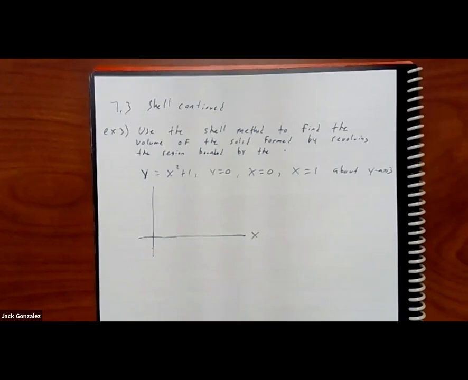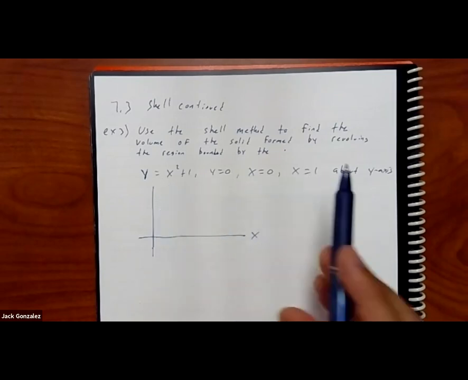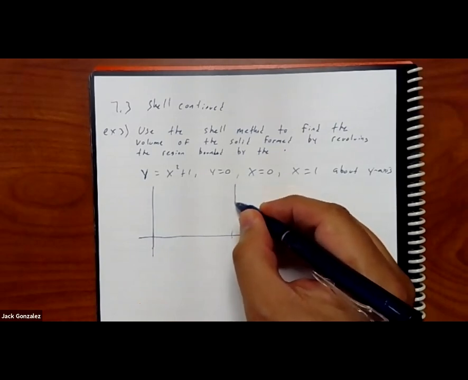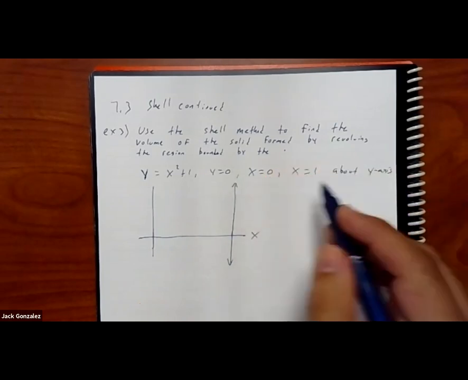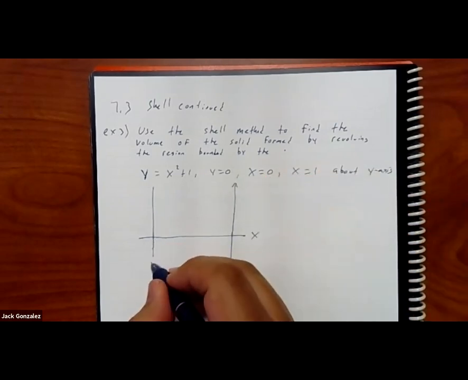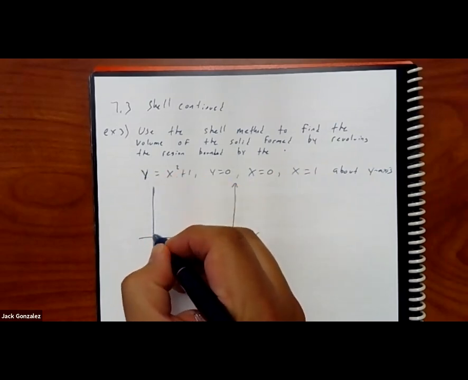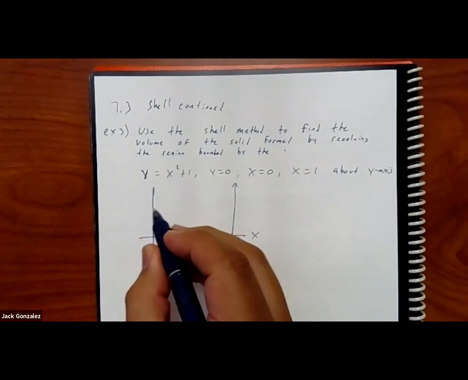It's all good. All right, let's get back to it. Okay, so this is one of the bounds. So I'm going to put 1 right here. Zero, of course, is over here, the y-axis. So that's the other bound. The parabola at 0 would be right here.